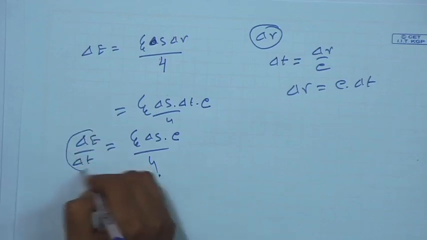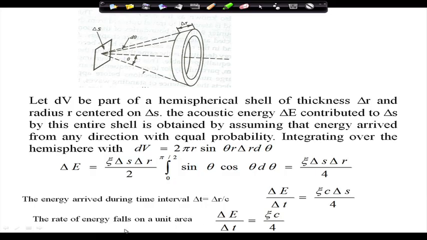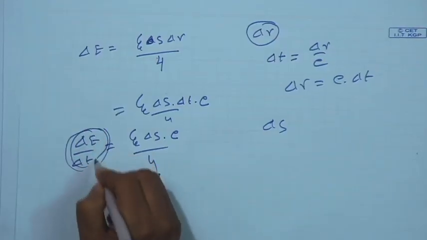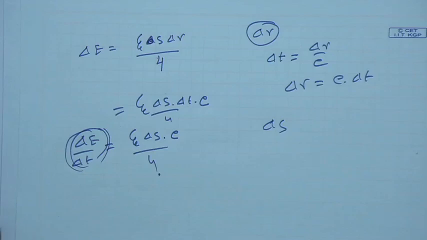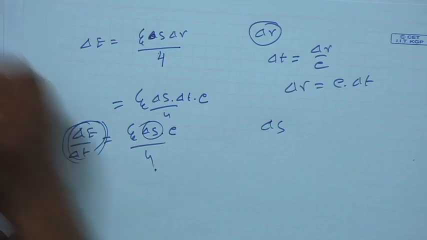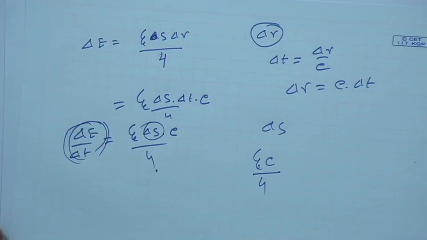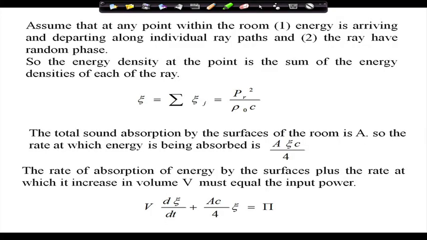So, del E by del t is the rate of energy falling on the surface area del S. In unit area, del S will not be there. So, the amount of energy on unit area is nothing but sigma c divided by 4. Okay. Now, psi c divided by 4 is the rate of energy falling on the unit area of that surface.